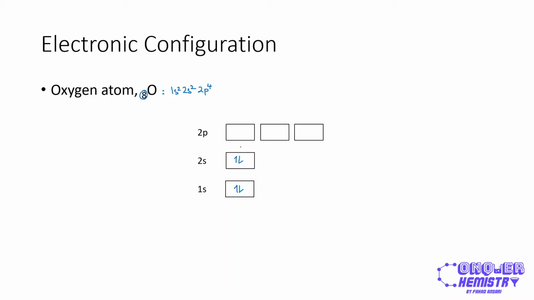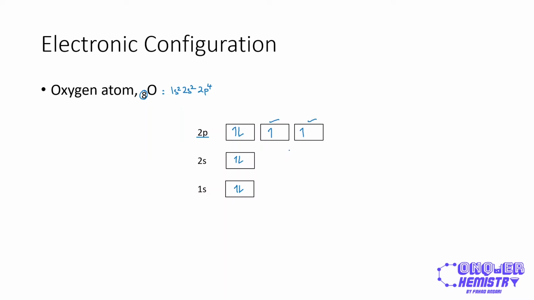The 2p is slightly different in that we place one electron in each of the three orbitals within the same 2p subshell that are at the same energy level, and now we have one extra electron. This will go into the first orbital of the 2p subshell, and it needs an opposite spin direction as per the Pauli exclusion principle. The other two orbitals in the 2p subshell are still occupied singly, that is, occupied by one electron each.